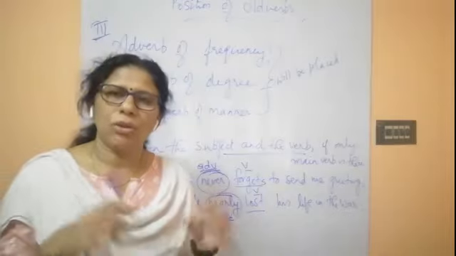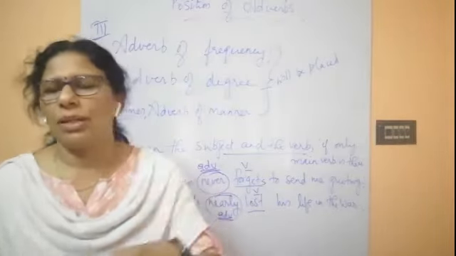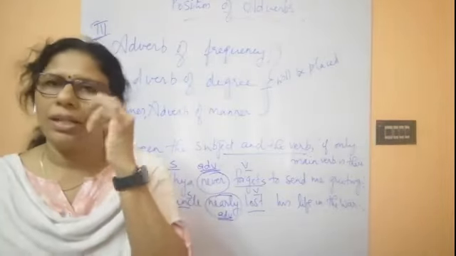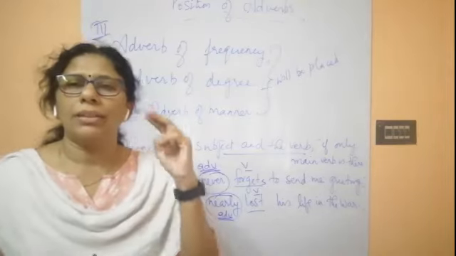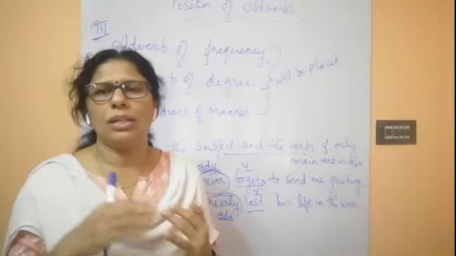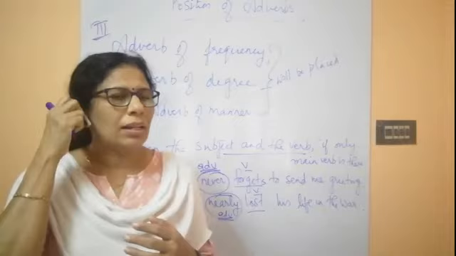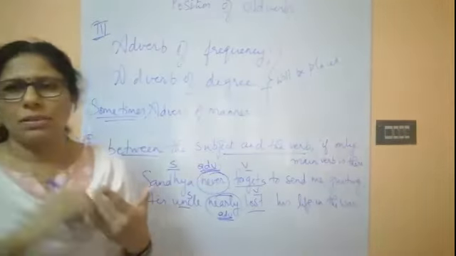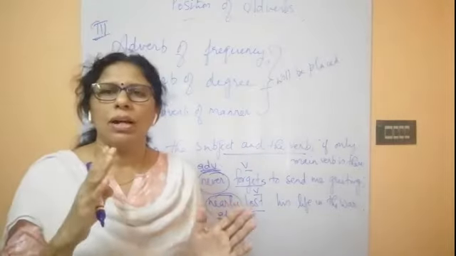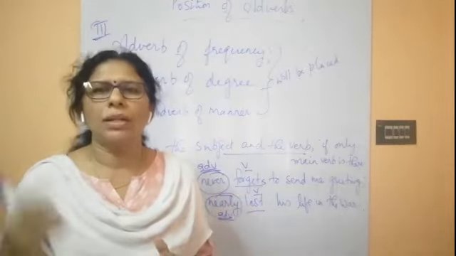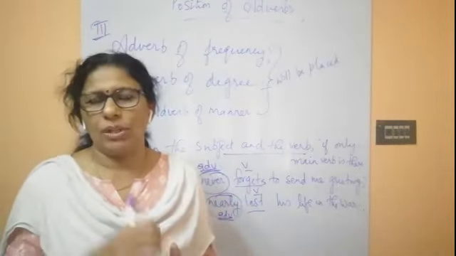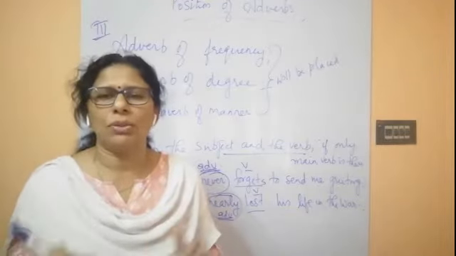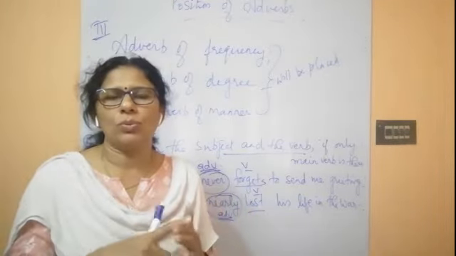Second, to give more emphasis or importance, we place adverb of time at the beginning of the sentence. And the third: adverb of frequency, degree and sometimes adverb of manner will be placed, first subsection, after the verb if state of being verbs are used, that means is, am, are, was, were, will be.